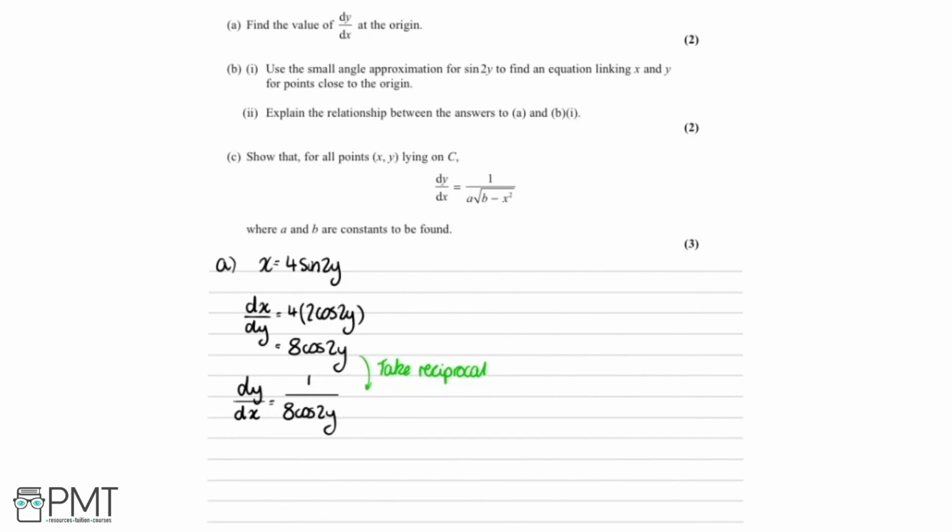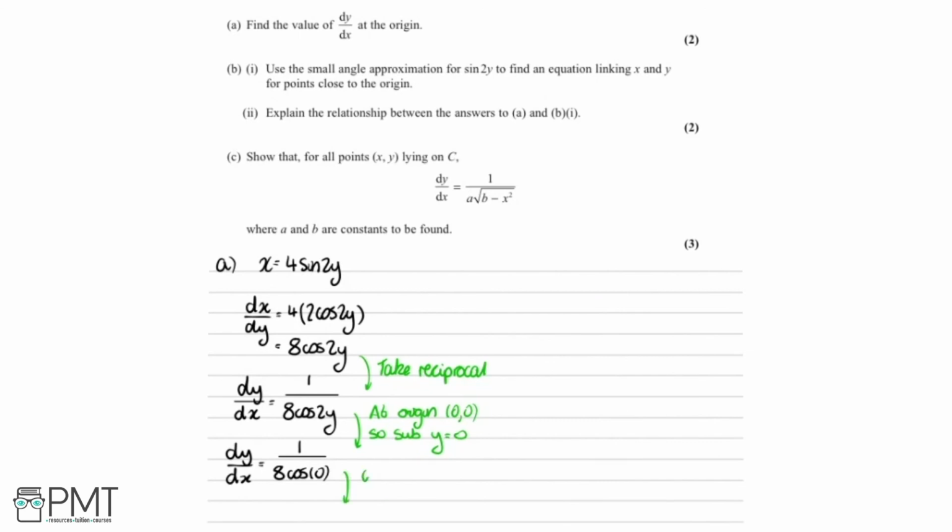So now lastly, we need to find the value of dy by dx at the origin. At the origin, it's 0, 0. So x equals 0 and y equals 0. So we're going to sub y equals 0. Doing that, we get that dy by dx equals 1 over 8 cos 0, because 2 times y, when we're subbing y to be 0, just goes to 0.